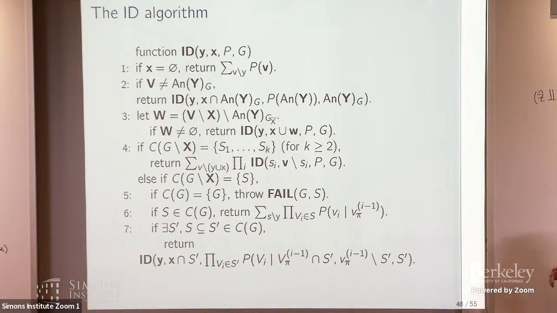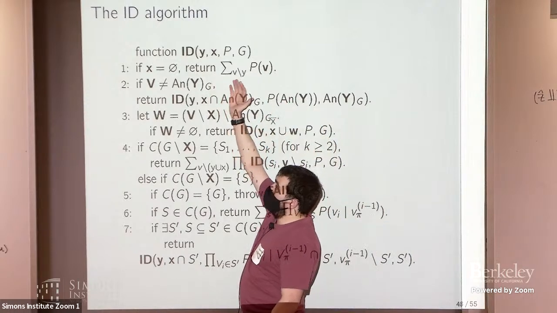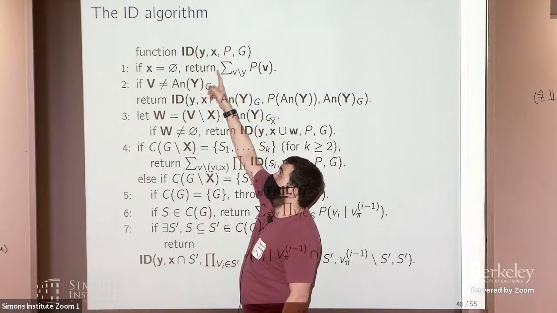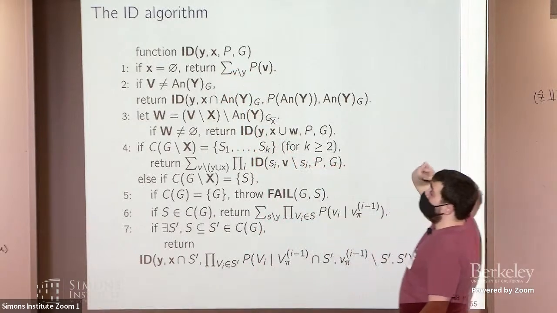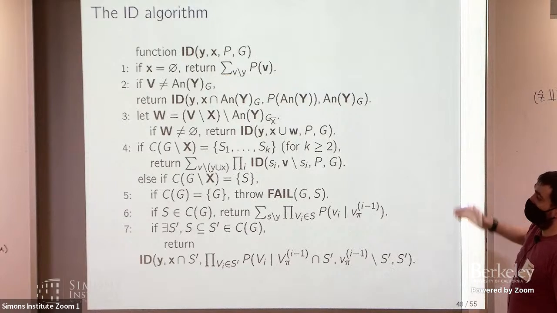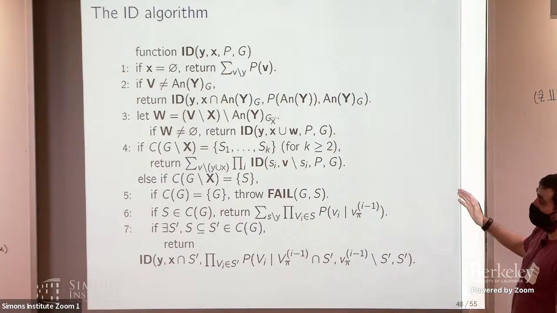I think it's worth thinking of. So what does this algorithm do? The way it's written, it takes in some assignment to Y, some assignment to X, your observed distribution, and your graph, and it just recursively does one of a couple different things.